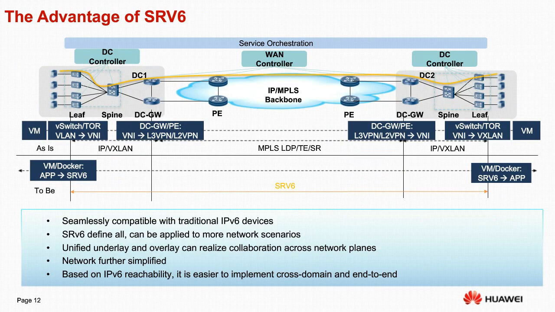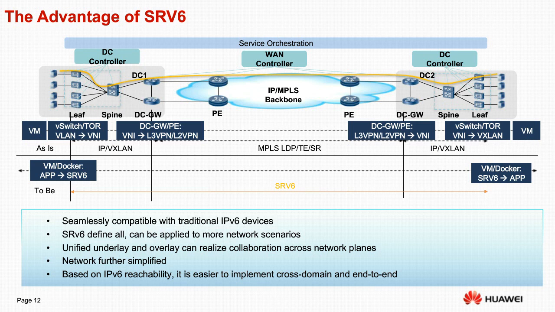We compare the traditional technology with SRv6. It is from one DC through the DCI to another DC. Within the DC, it is IP plus VXLAN. And the traditional DCI is MPLS, LDP, or TE, or MPLS routing.